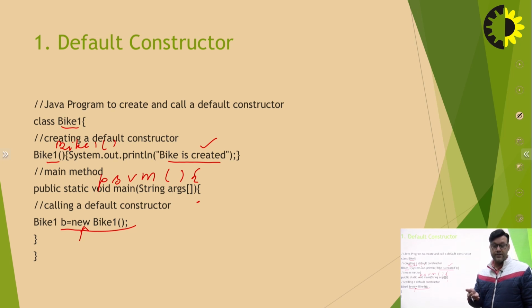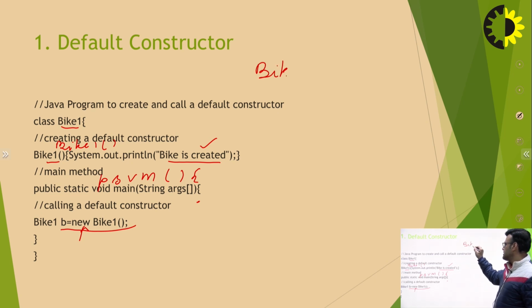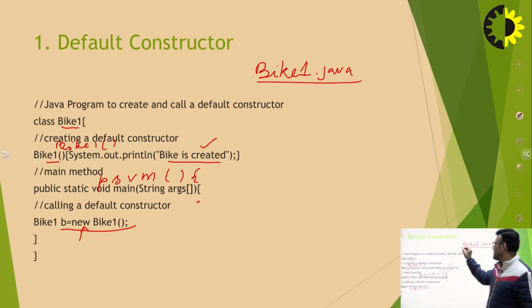Or we can save the program in a notepad with a .java extension. For example, I have saved this file as bike1.java.